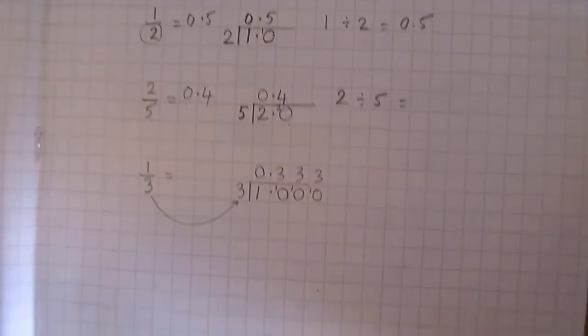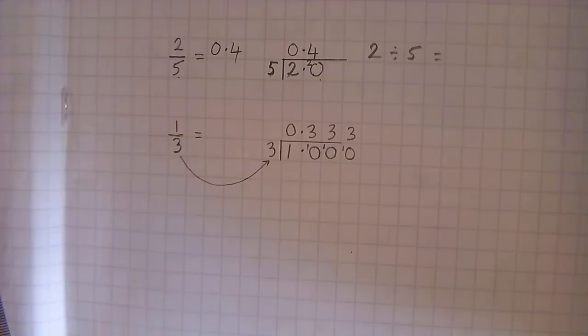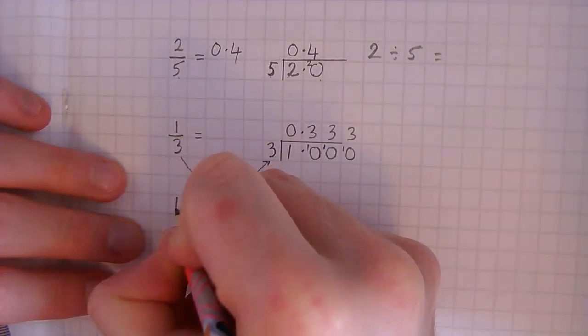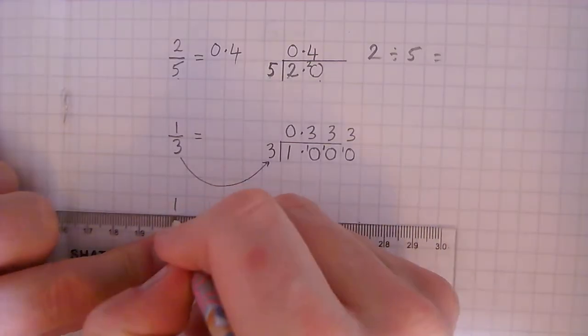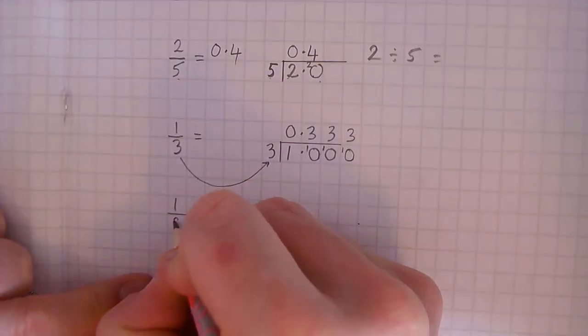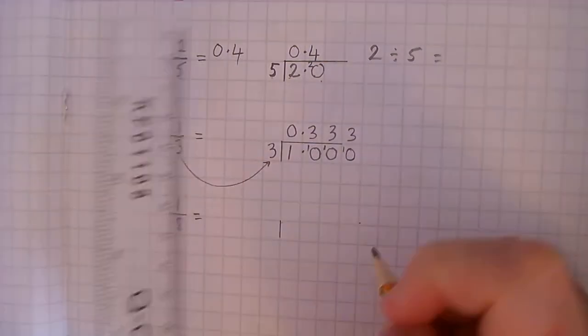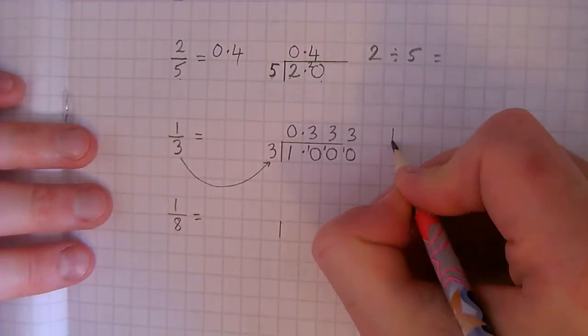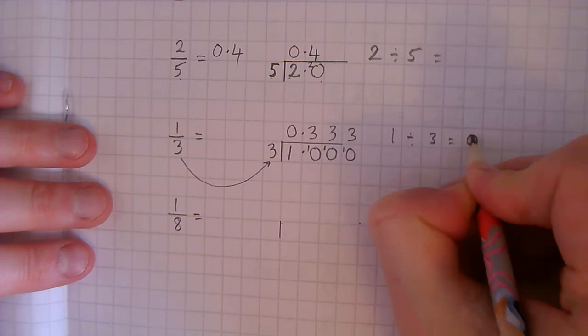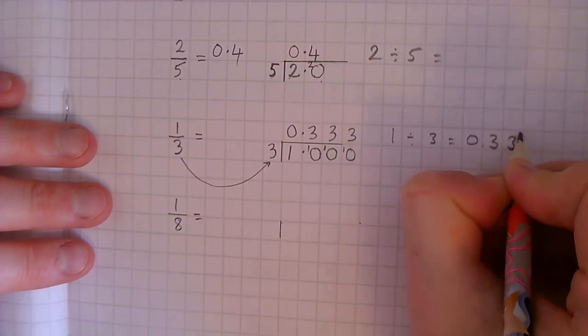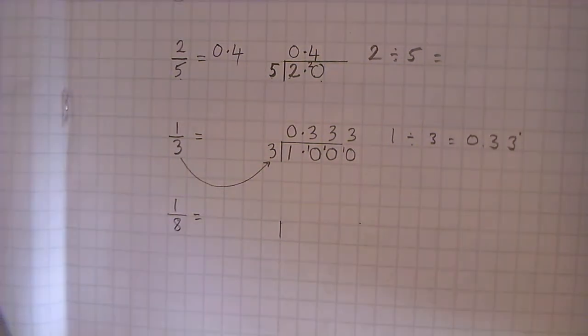Let's look at one more. One-eighth. Remember, this one was 1 divided by 3 is 0.33, and we could put a little dot there to show that it's reoccurring.